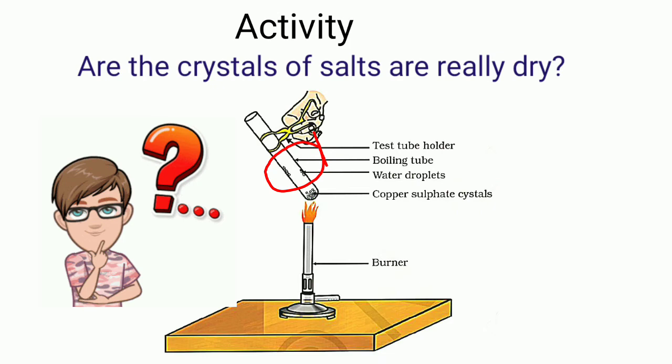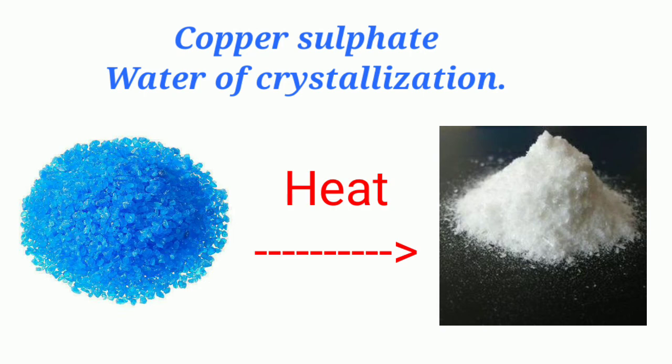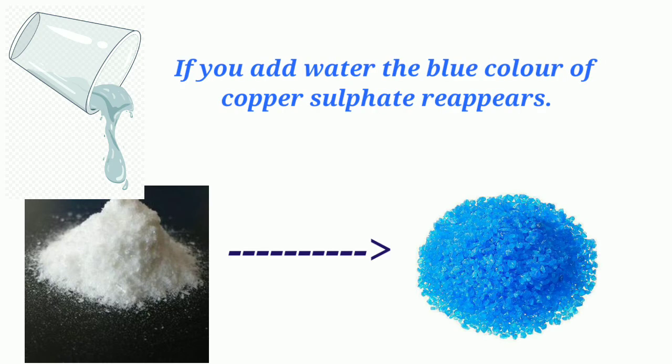It is because copper sulfate crystals, which seem to be dry, contain water of crystallization. When we heat the crystals of copper sulfate, the water is removed and the salt turns white. If you add water to the crystals again, you will find that the blue color of the crystals reappears.